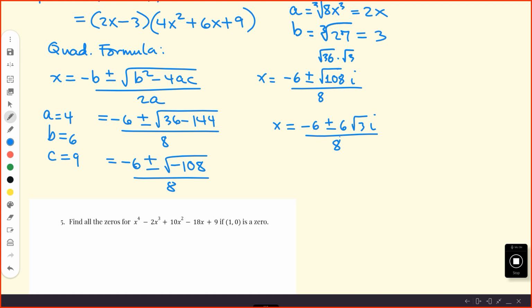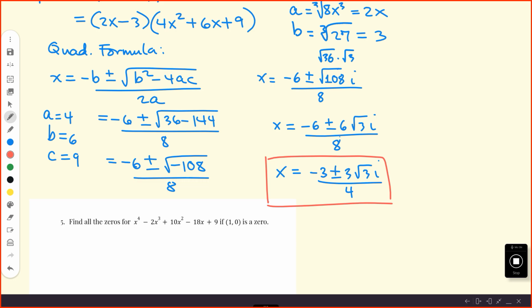Negative 6 over 8 reduces to negative 3 over 4. So I write negative 3 plus or minus 3 square root of 3 i, all over 4. That's the simplified version of this complex root, and it already gives 2 roots because of the plus and minus.